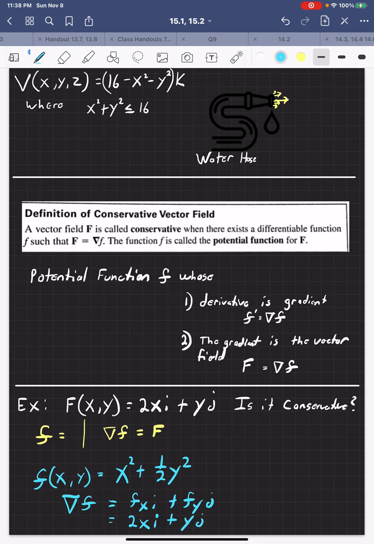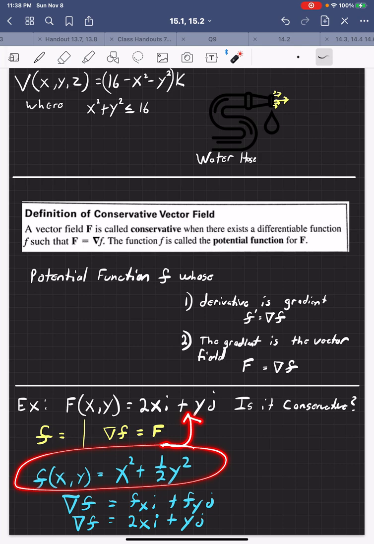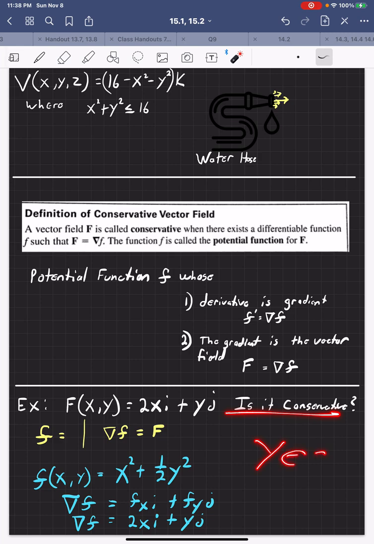So here's your gradient. And you can see that your gradient does match the vector field. So there was a function out there whose gradient was equal to the vector field. Therefore, we can make the statement that yes, this is a conservative vector field. But I'll give you a much cleaner way of going about this in the next videos.